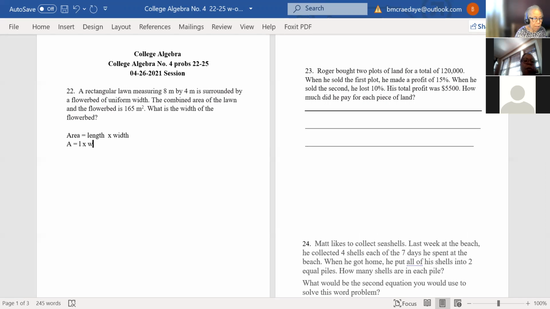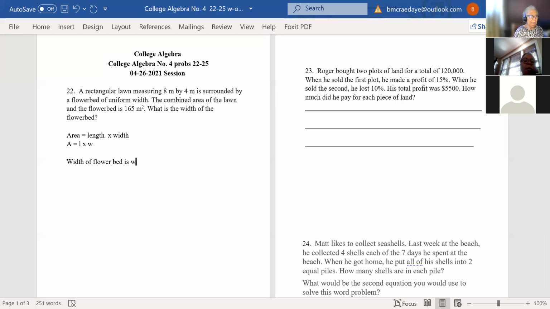But as I said, the flower bed is around the lawn. So the width of the flower bed is W.